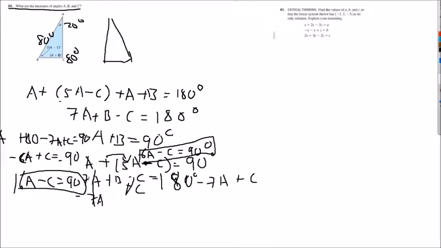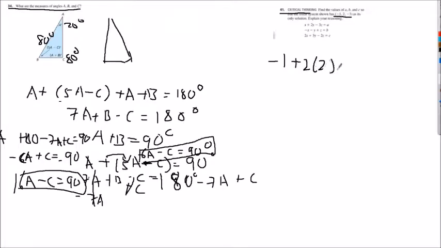Okay. Next question. 41 is critical thinking, and I don't think critically most of the time. Find the values a, b, and c such that a linear system only has one solution. It only has negative 1, 2, and 3 as the only solution. Now, this is one of their solutions, so we can plug that into the equations.